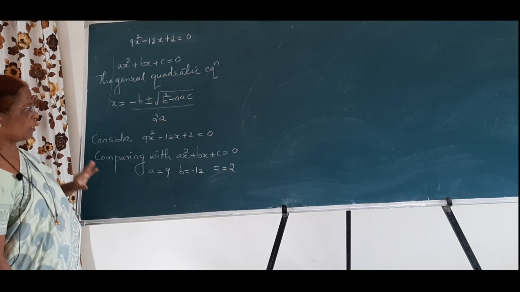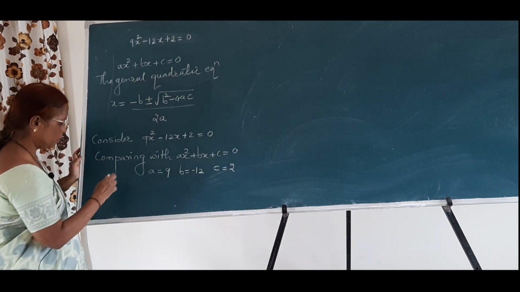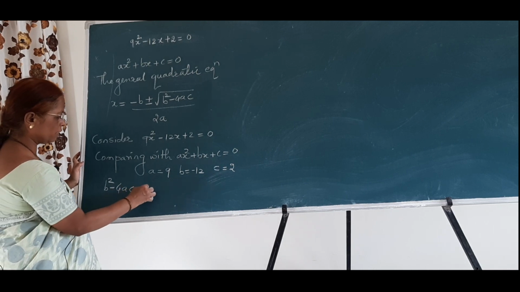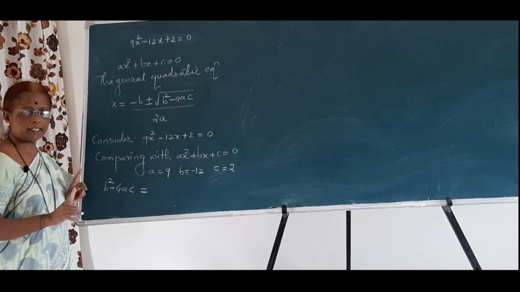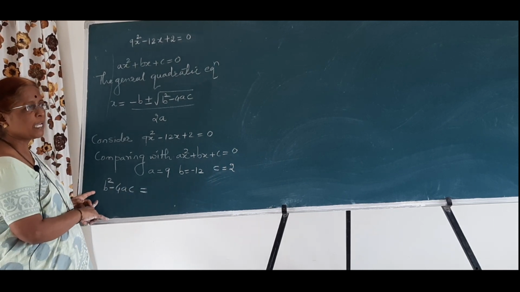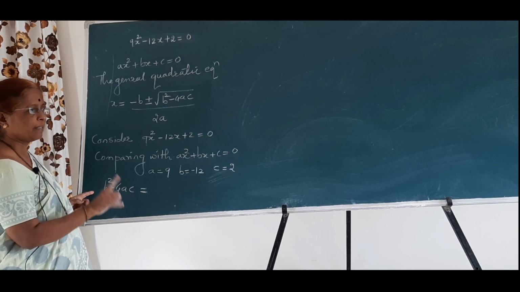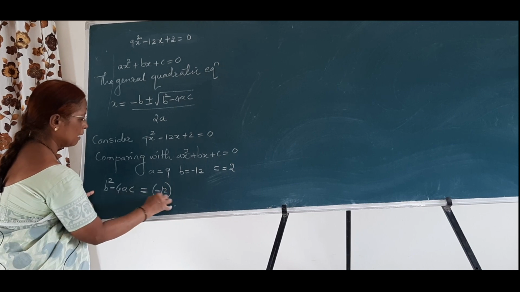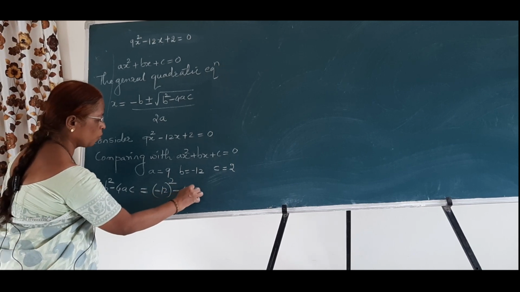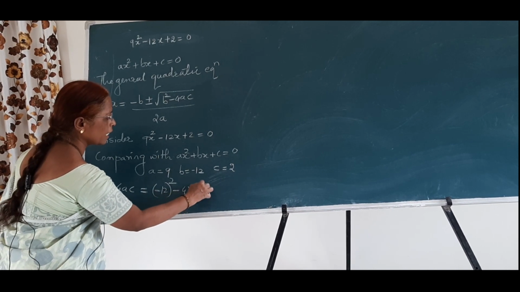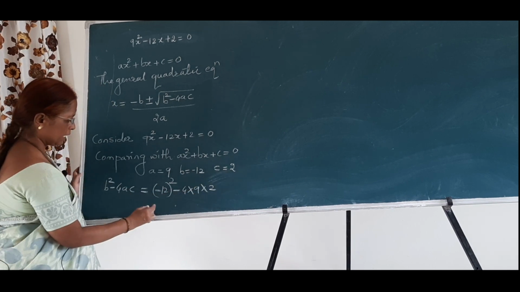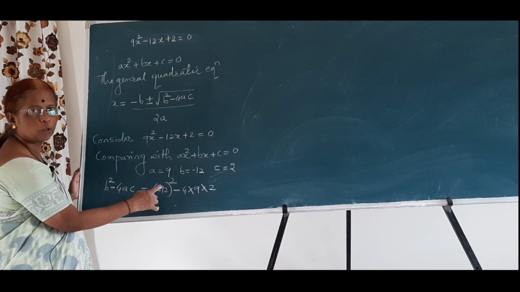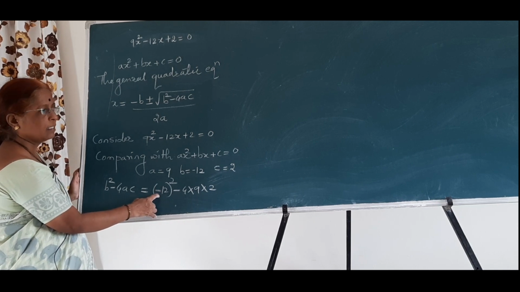So first of all we have to find the value of b square minus 4ac, the term under the square root sign. And remember children, the value of b you should always keep in brackets: minus 12 square minus 4 into a into c. Now you know a square is always positive, though it is minus 12.